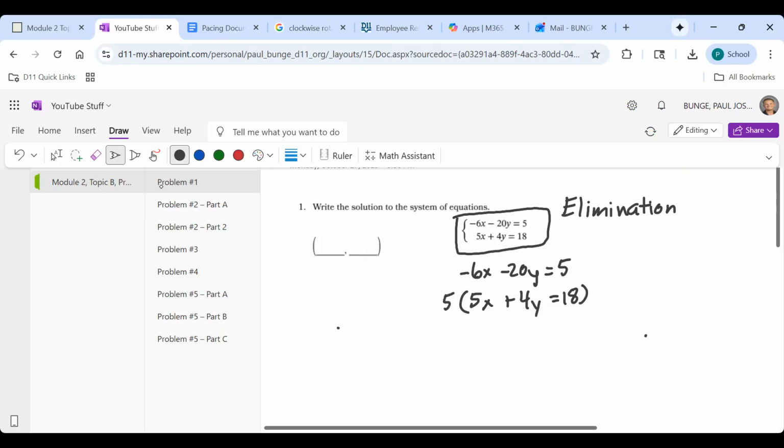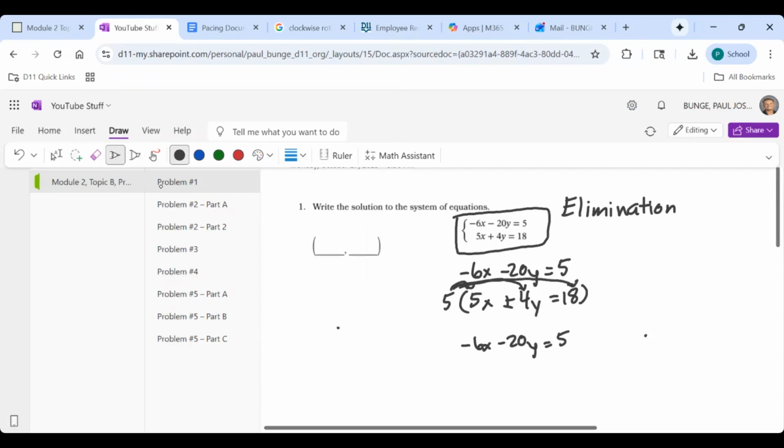Remember, if you don't multiply it by the same amount the whole way through, then you've completely changed the problem. So I'm going to distribute this to every single term in my parentheses. So I now have negative 6x minus 20y equals 5.